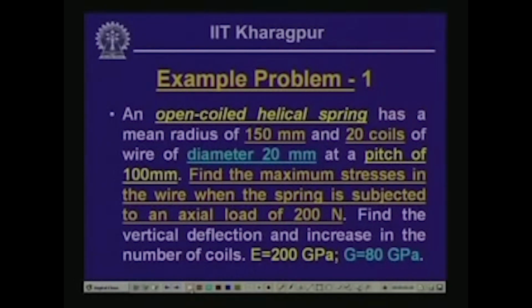You have now seen the difference between the closed coil helical spring and the open coil helical spring, and you have seen the load transfer mechanism in these two types of systems.